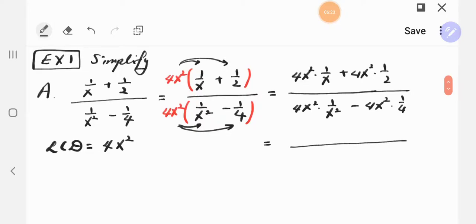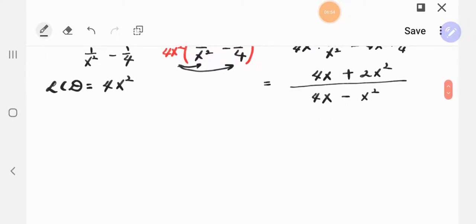From the numerator, we can cancel out one x, so the first term will be 4x, plus the second term, reduce by 2, then 2x squared. From the denominator, x squared cancels out, so 4x minus 4 cancels out x squared.